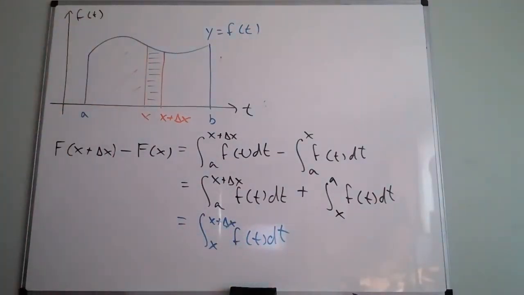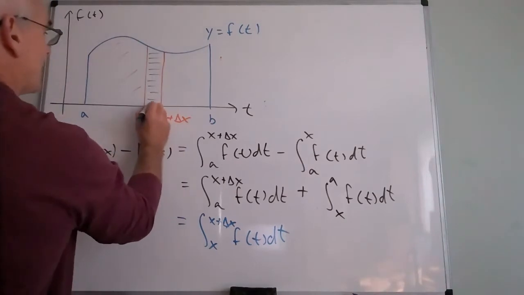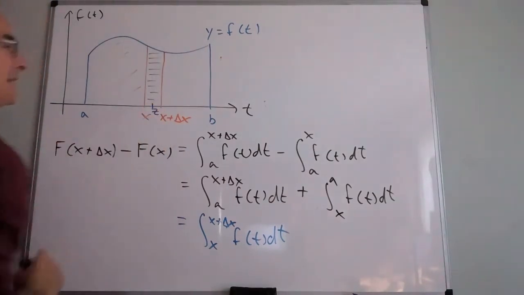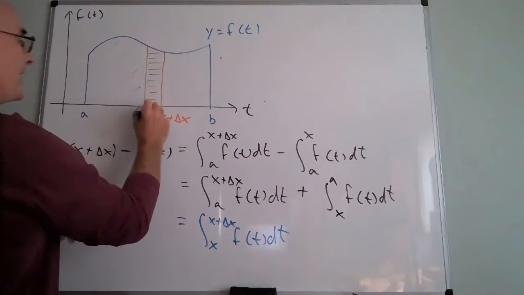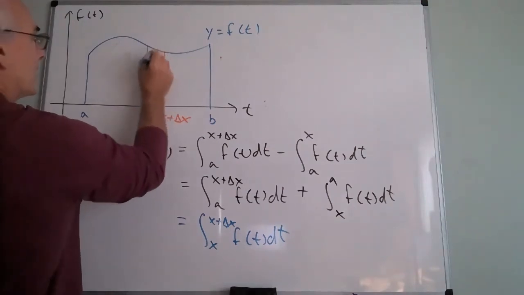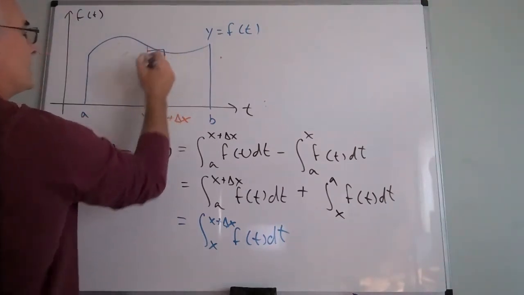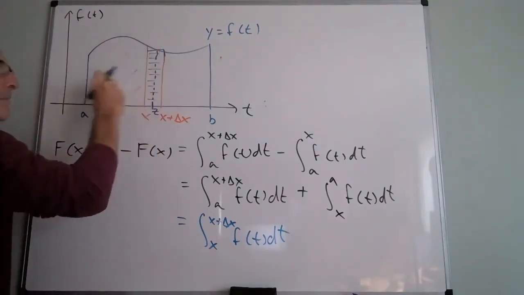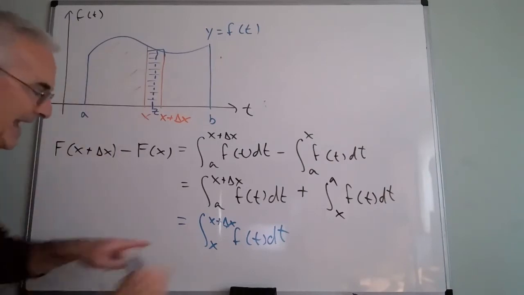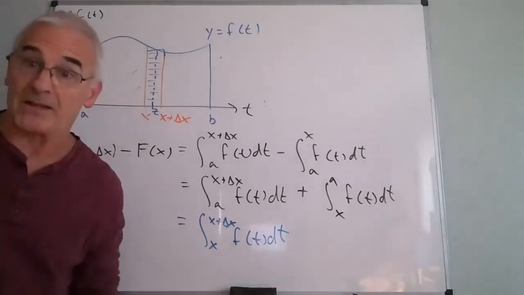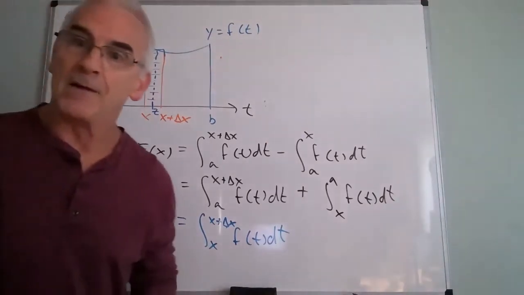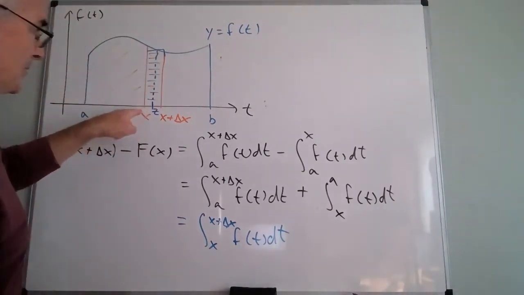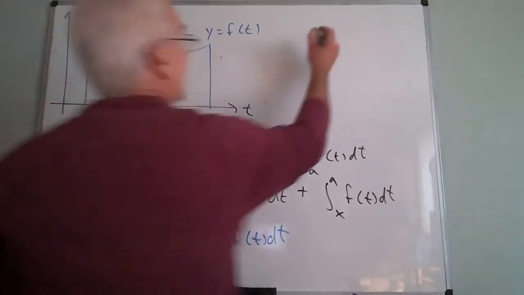Now, according to the mean value theorem, there's got to be a place in here, let's call it z, such that the rectangle f of z multiplied by delta x has to equal this area. That's what the mean value theorem was. That's why we did that first. There is a z in there that's between x and x plus delta x. I'll write it like this.